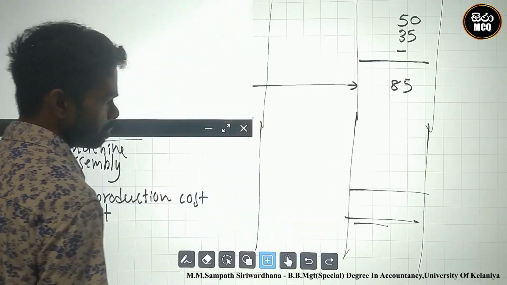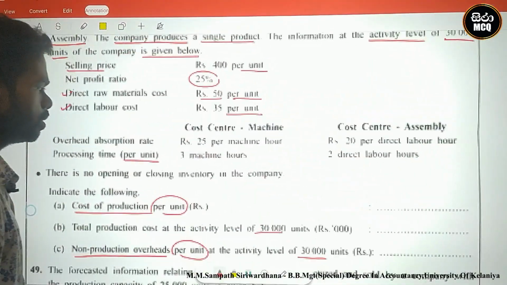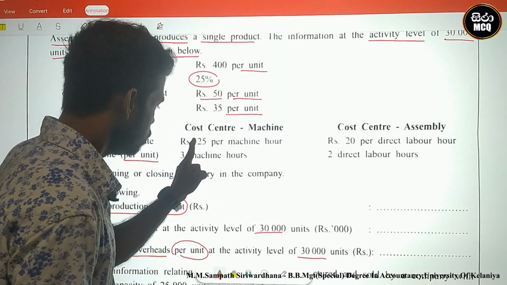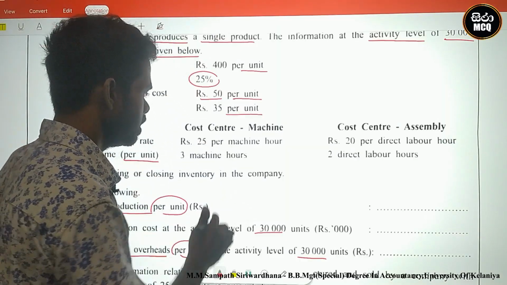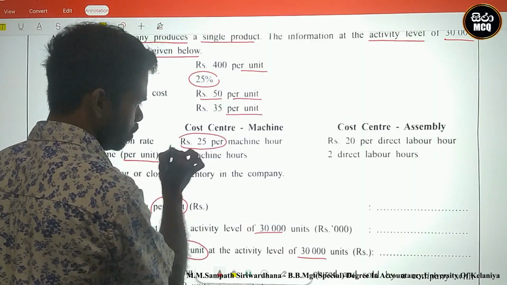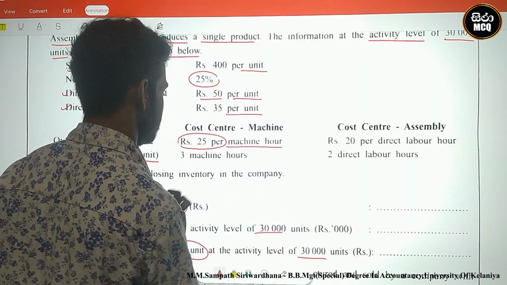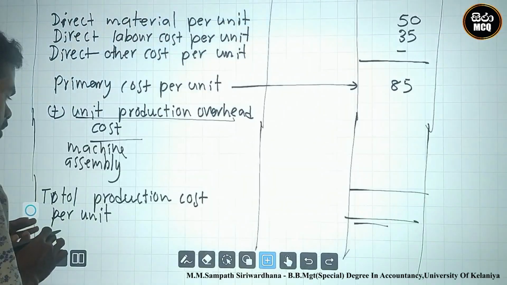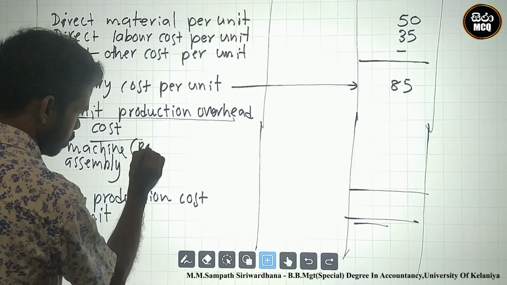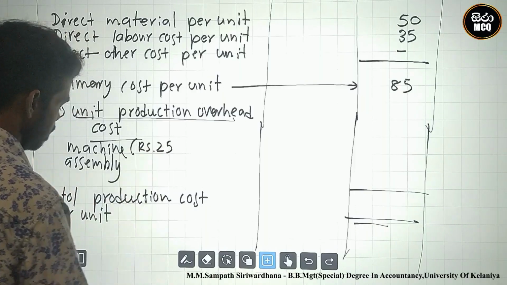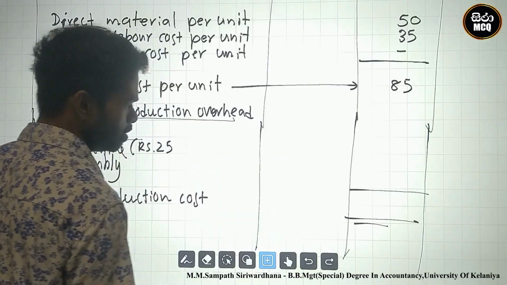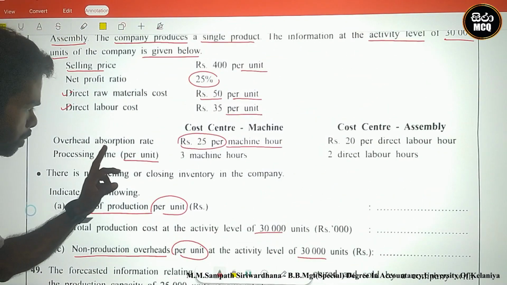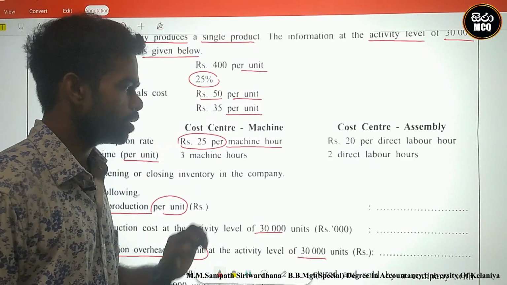The overhead absorption rate is 25 rupees per machine hour. The processing time per unit is 3 machine hours.